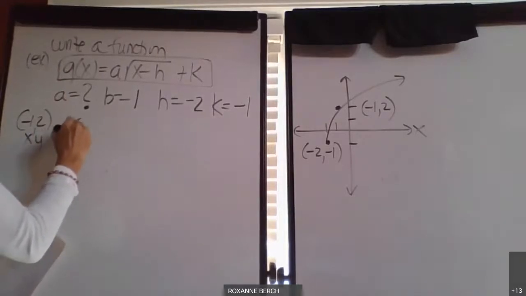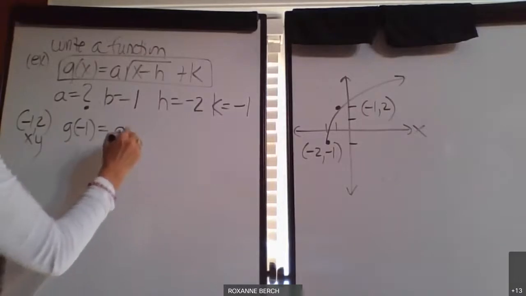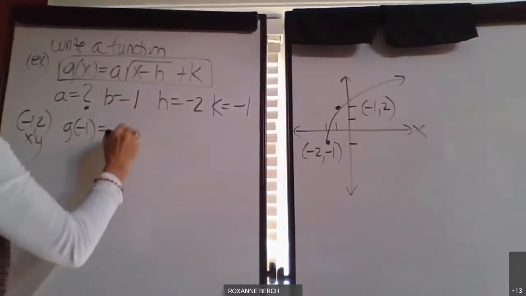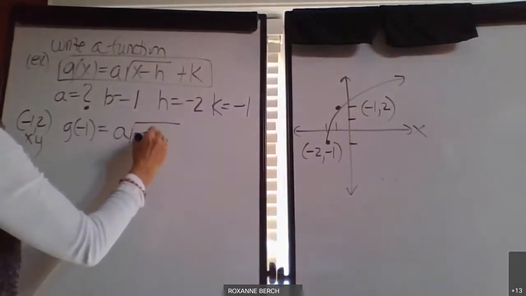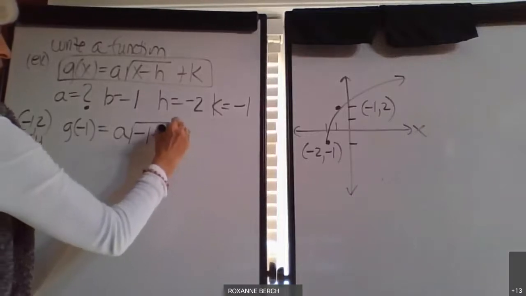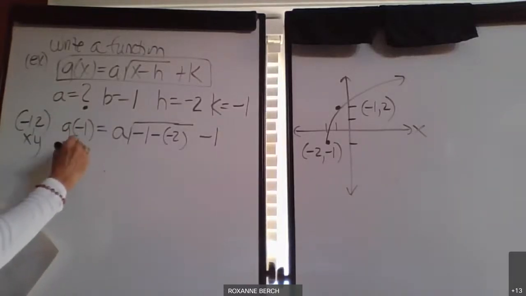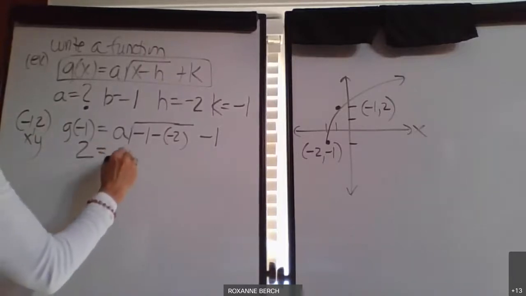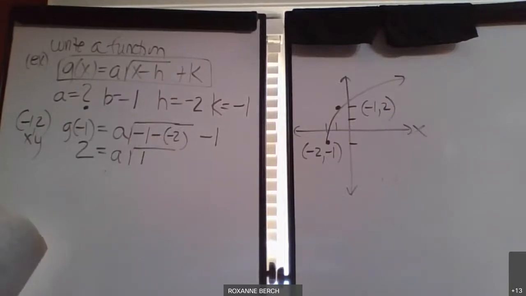So we're going to compute g of -1 is equal to A, we don't know, times the square root of x, which is -1, minus a -2 under the radical minus 1. So g of -1 is y, which in this case is 2. And what we have here is we have the square root of 1.